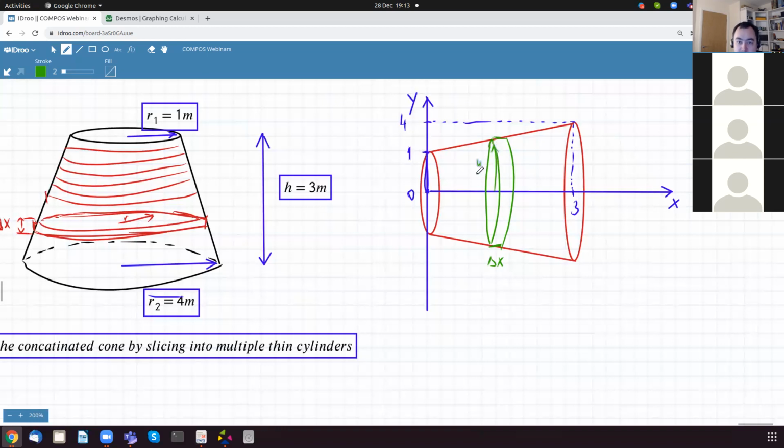This is y. So we need an equation for this line, and it's not a very difficult one.